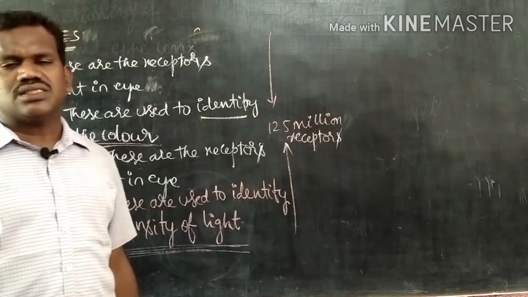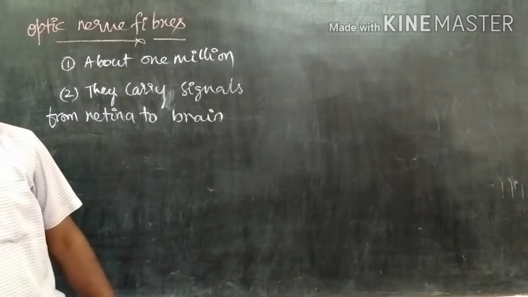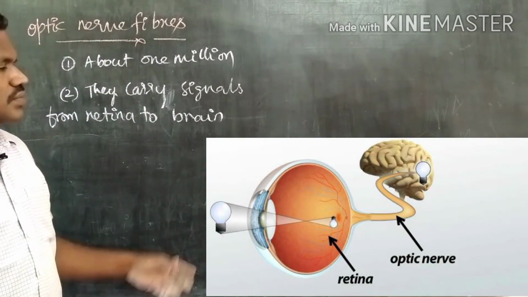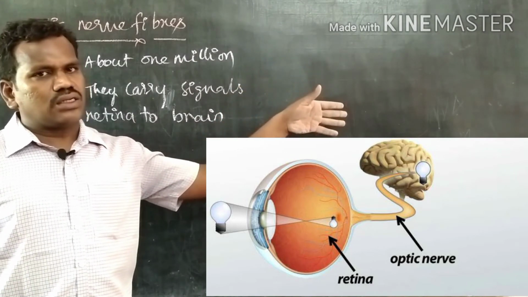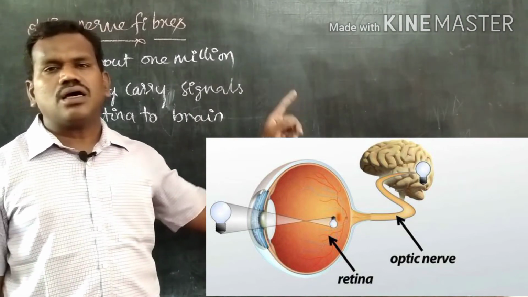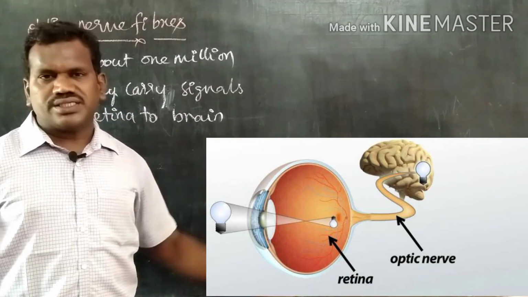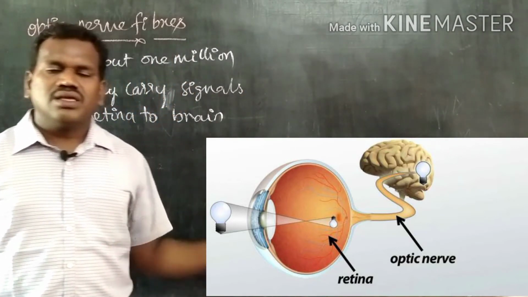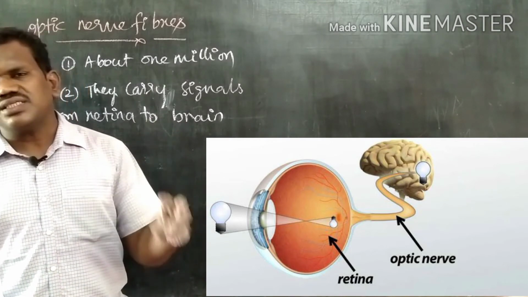Now let us discuss the last part of the eye. The last part of the eye is a very important part, and it gives the link between the retina and the brain. Why? Because till now, on the retina, which we call the screen of the eye, a real, inverted, diminished image is formed.